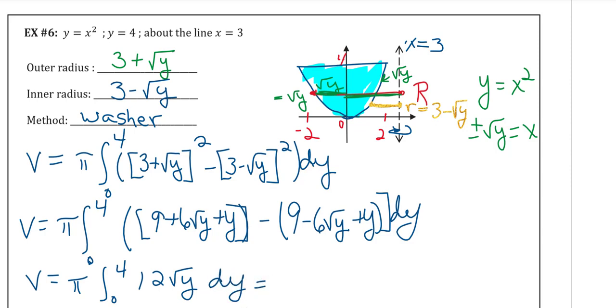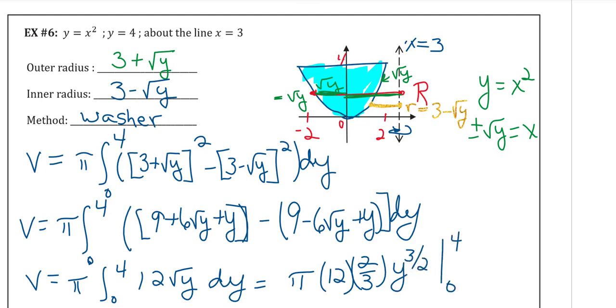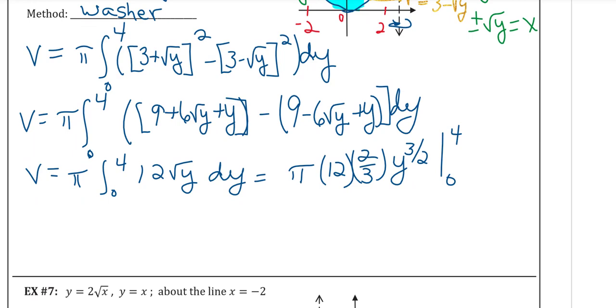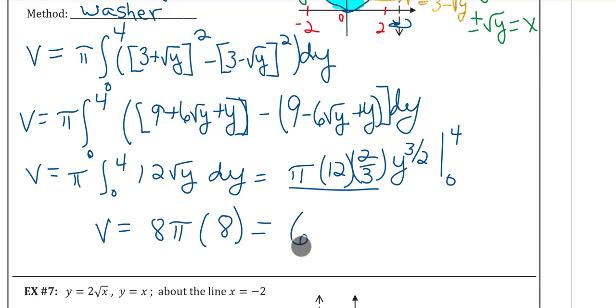So this is going to be pi times 12 times 2/3 times y to the 3/2, evaluated between 0 and 4. So simplifying all this, V equals 8 pi times 4 to the 3/2, which is 8. So we get 64 pi.